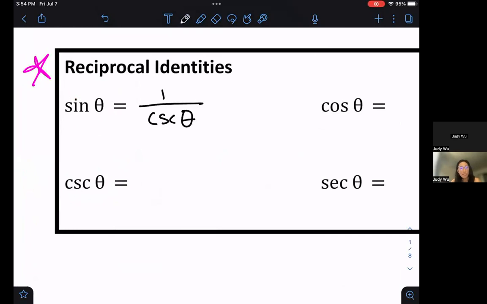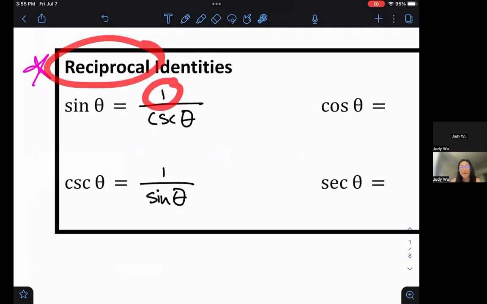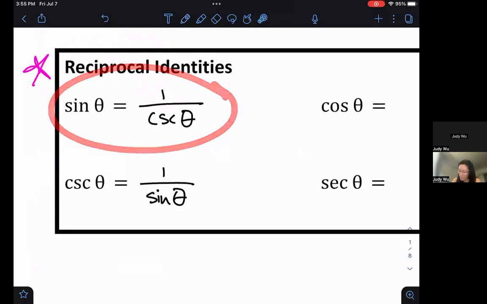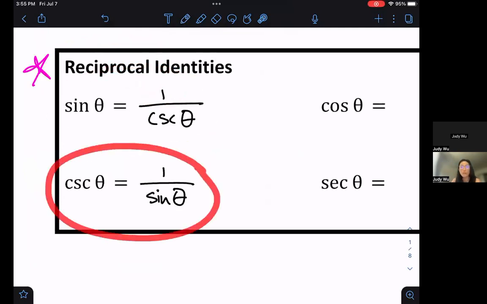And similarly, another way to say cosecant theta is 1 over sine theta. That's what we mean by reciprocal. We express it mathematically as 1 over the other thing. So sine is 1 over cosecant, and cosecant is 1 over sine.